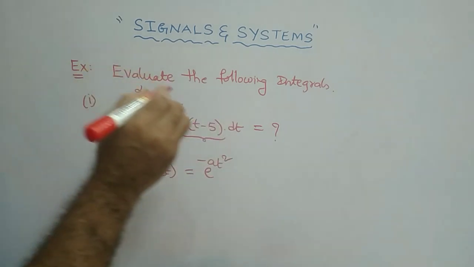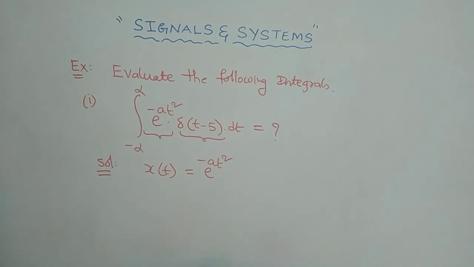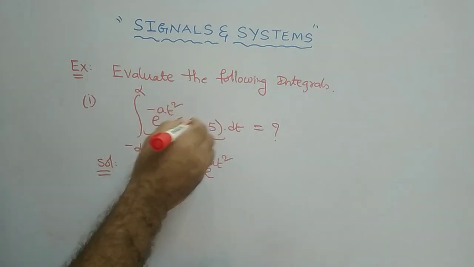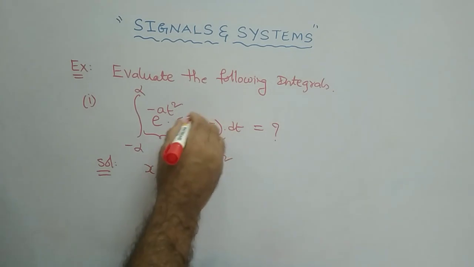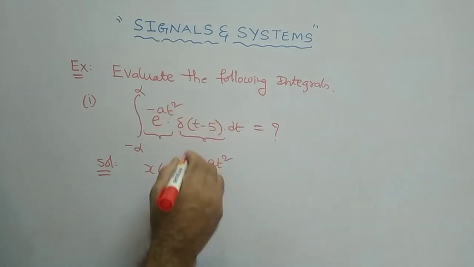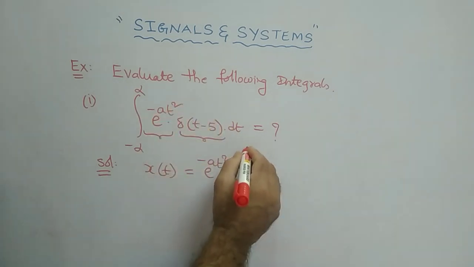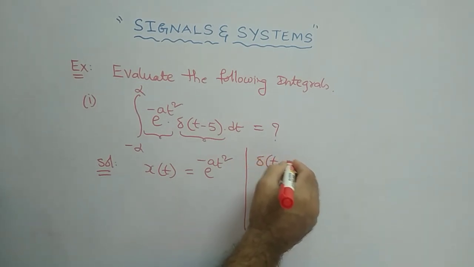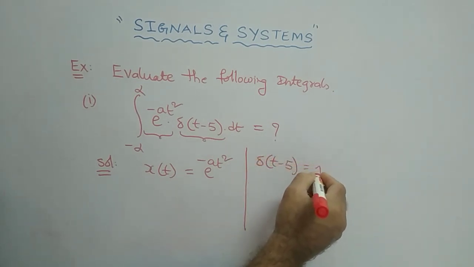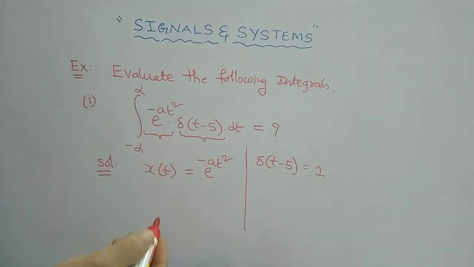It is a shifted impulse function. By what amount was this impulse function shifted? T is equal to 5. So it is a shifted impulse function at t equal to 5 units, because delta of t minus 5 is equal to 1. Clear? From the definition of the impulse function.